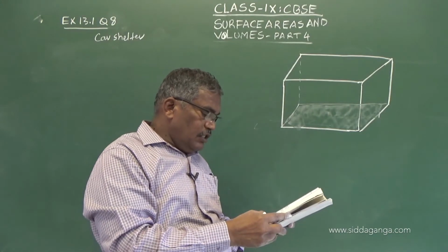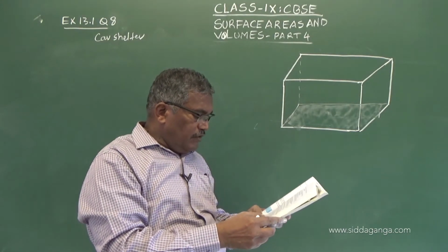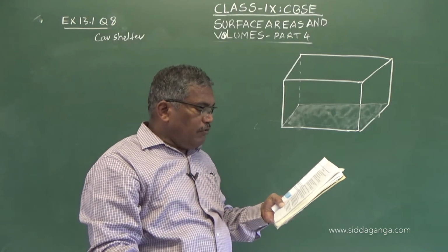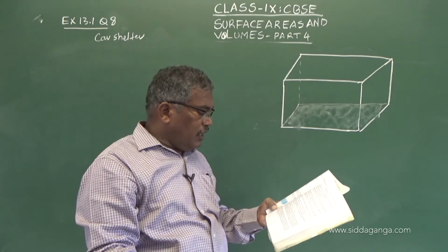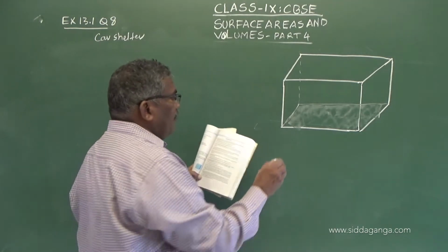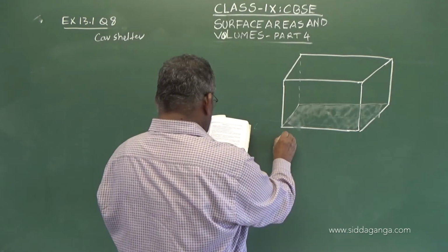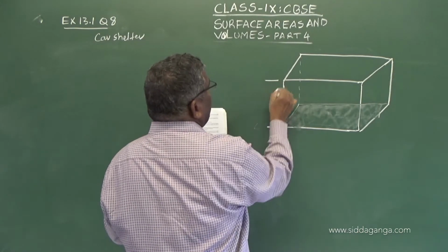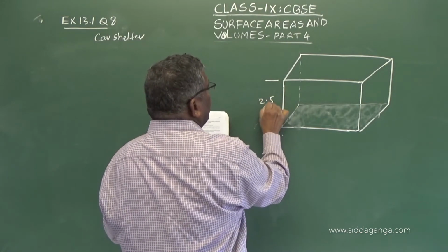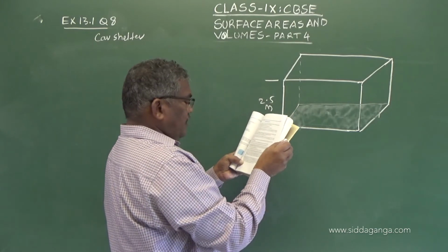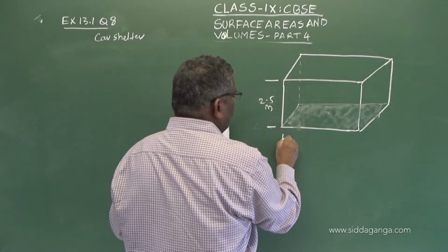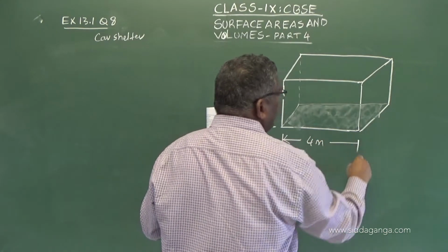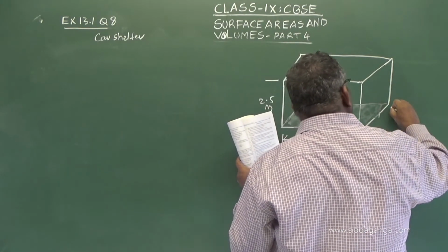Assuming that the stitching margins are very small and therefore negligible, how much tarpaulin would be required to make the shelter of 2.5 meter height? So this is given as 2.5 meter and dimensions 4 meter into 3 meter. This is 4 meter and this is 3 meter.